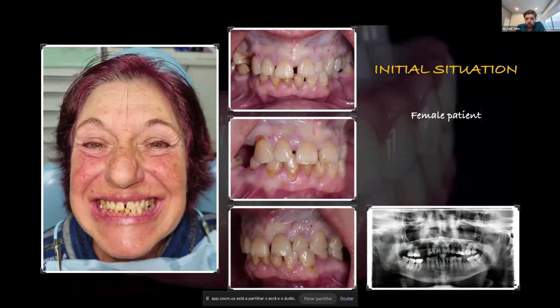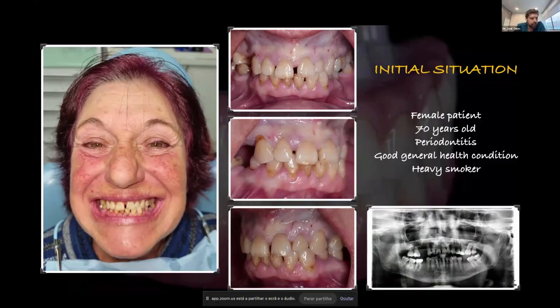This patient was sent back to me from the periodontologist because after many years, she had done a bunch of cleaning surgeries. She tried everything, the periodontologist, and up to a point, he said, okay, it's not working anymore.